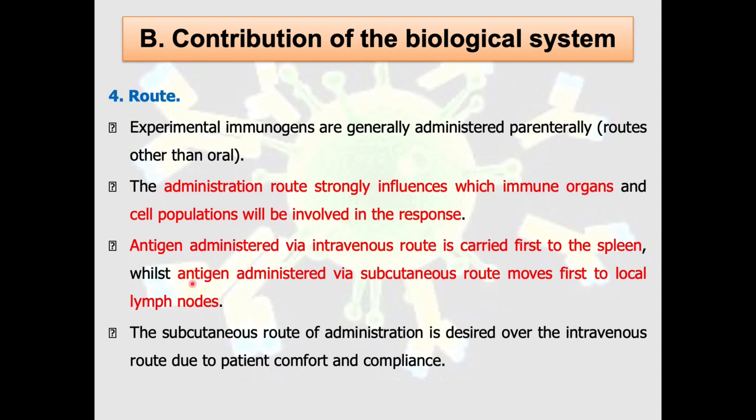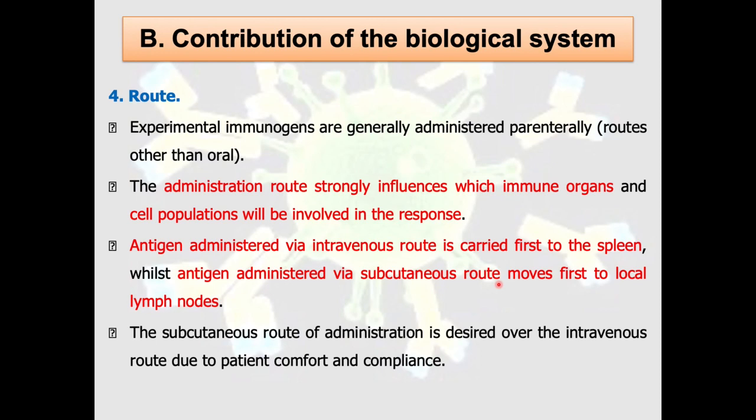Whereas if the antigen is administered via the subcutaneous route, it moves first to the local lymph nodes. The subcutaneous route means that you inject, but not directly through the veins. You inject beneath the skin. For example, insulin.